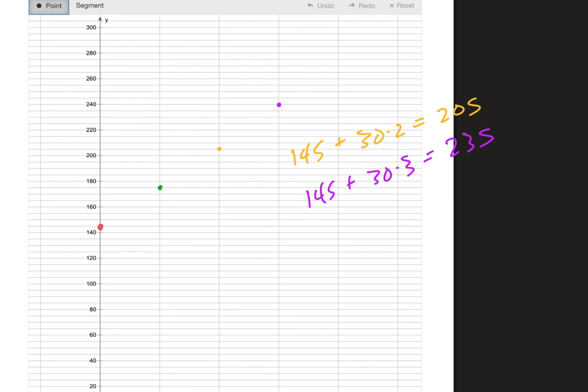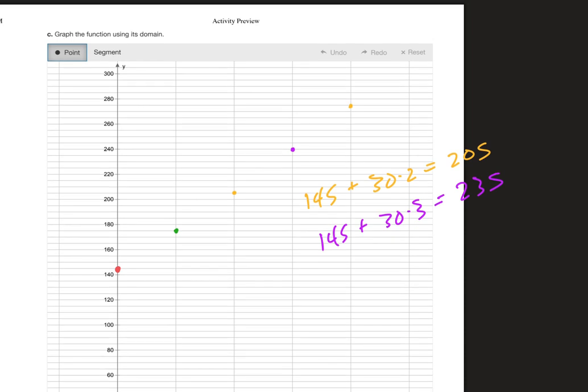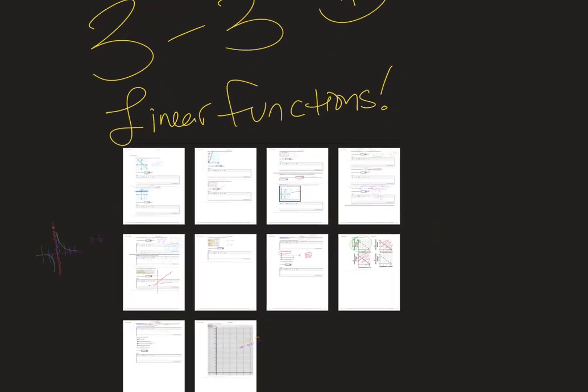So at 235, we're up to 275, so it's like right there. Up another 30, there'll be 305, right about there. So that is it. I shouldn't draw a line because remember, we don't have any information in between because we can't have halves of bags and such. So there it is, linear functions. See ya.